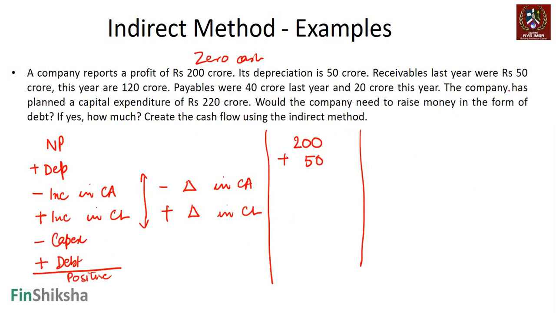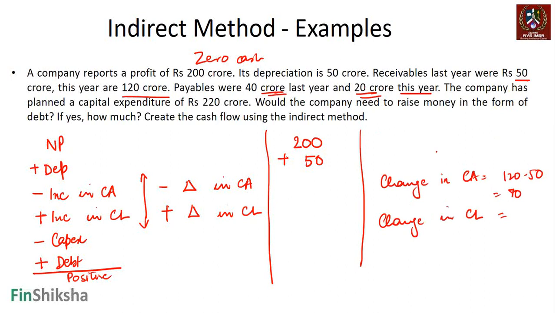So current assets are receivables. Last year is 50, this year is 120. So change in current assets is equal to 120 minus 50, which is 70, correct? Also look at the change in current liability, that's 20 this year and 40 last year.